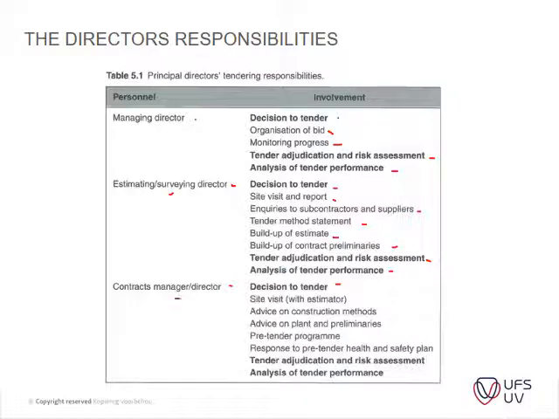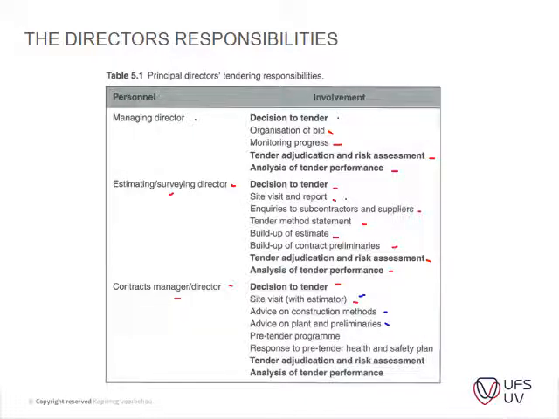Okay. Then you've got your contract manager or director. He also visits the site or arranges that someone competent visits the site. So there's a bit of coordination between him and the estimator, who also needs information from them. Advice on construction methods. Okay, so he's looking at the practical side of it.